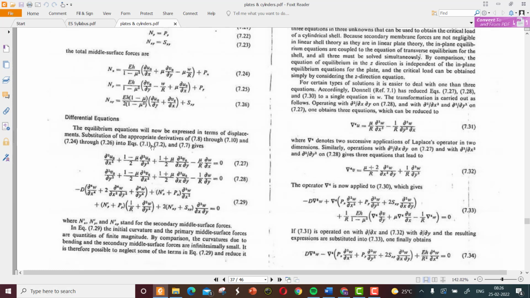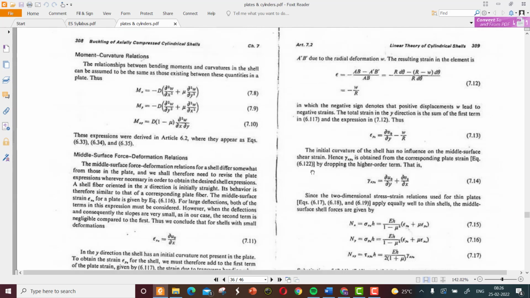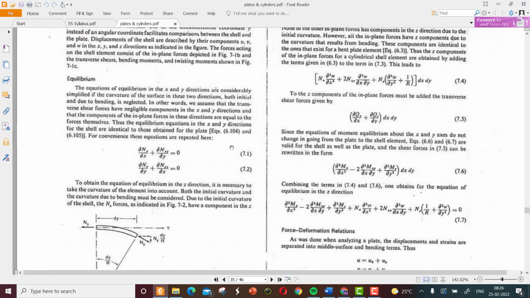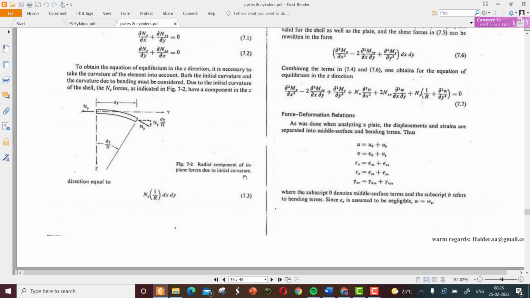These are substituted into equations 7.1, 7.2 and 7.7, which were the initial equations for the displacement relation and the axial forces in the z direction.